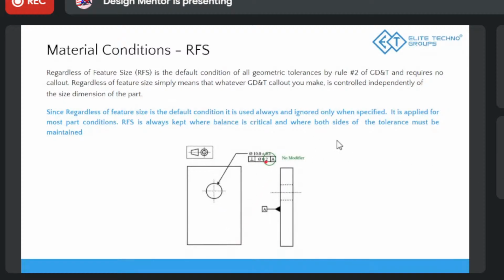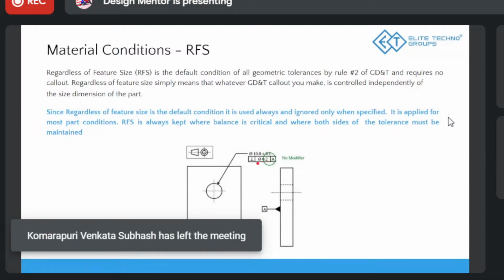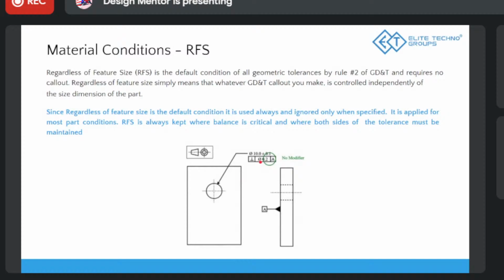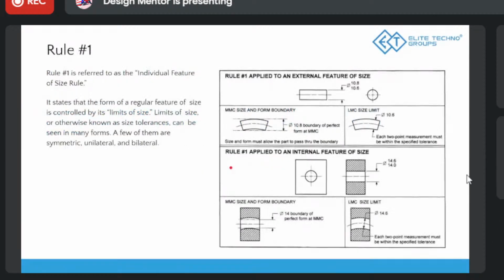It's 0.2, and this symbol is the diameter symbol, a circular feature. So 0.2 is the positional tolerance of where the center will be. It can vary by 0.2 and the size can vary by 0.21, so it works.